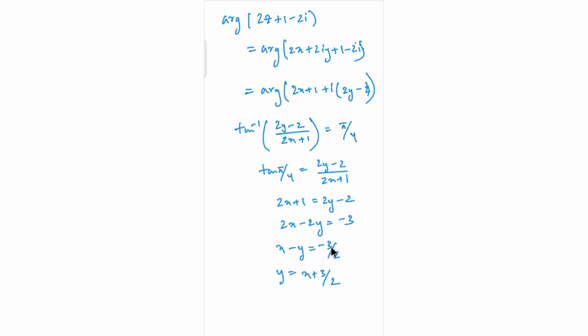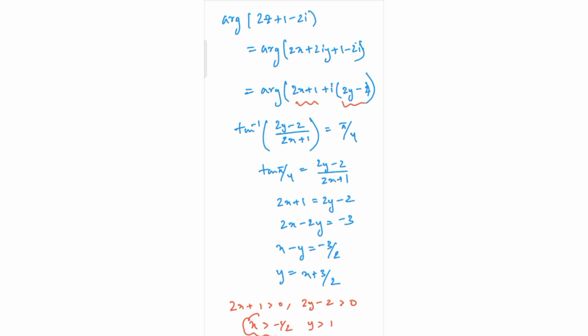And the same thing we need to keep in mind: pi by 4 is for the first quadrant, so both the real part 2x plus 1 and the imaginary part 2y minus 2 should be greater than 0. That is x should be greater than minus 1 by 2 and y should be greater than 1.